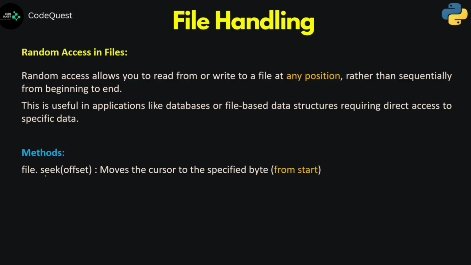One is your seek method. The seek method is going to be used along with the file object. This is nothing but the file object through which you have opened the particular file, maybe in read mode or maybe in write mode. And this offset is nothing but an integer value, and it specifies how many bytes or how many positions from the beginning it has to shift.